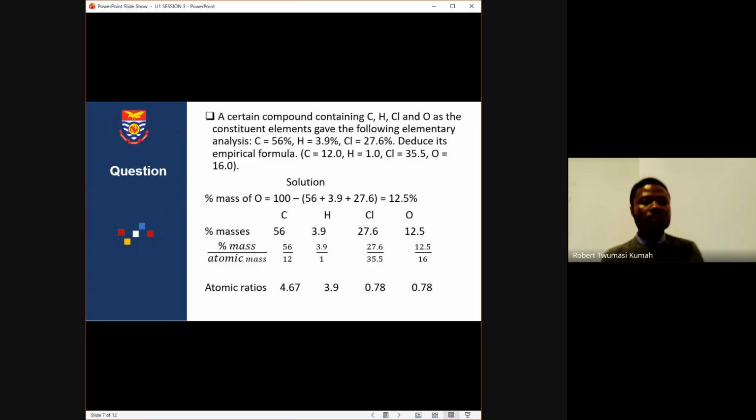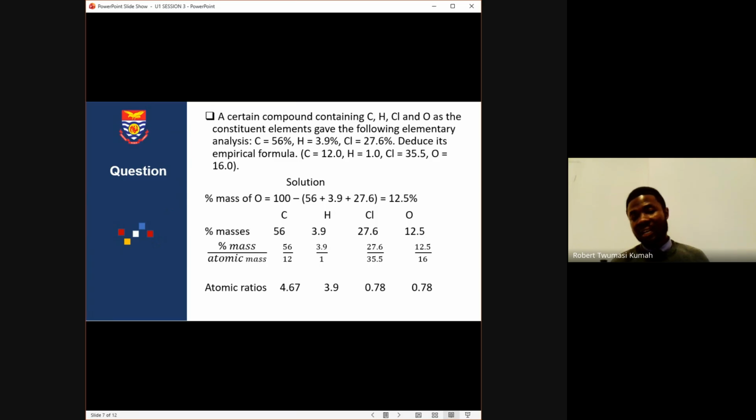A compound containing carbon. So we assume that the qualitative is done already, and we are being given data for the quantitative. So a compound containing carbon, hydrogen, chlorine, and oxygen as constituent elements gave the following elementary analysis: carbon 56, hydrogen 3.9, chlorine 27.6.